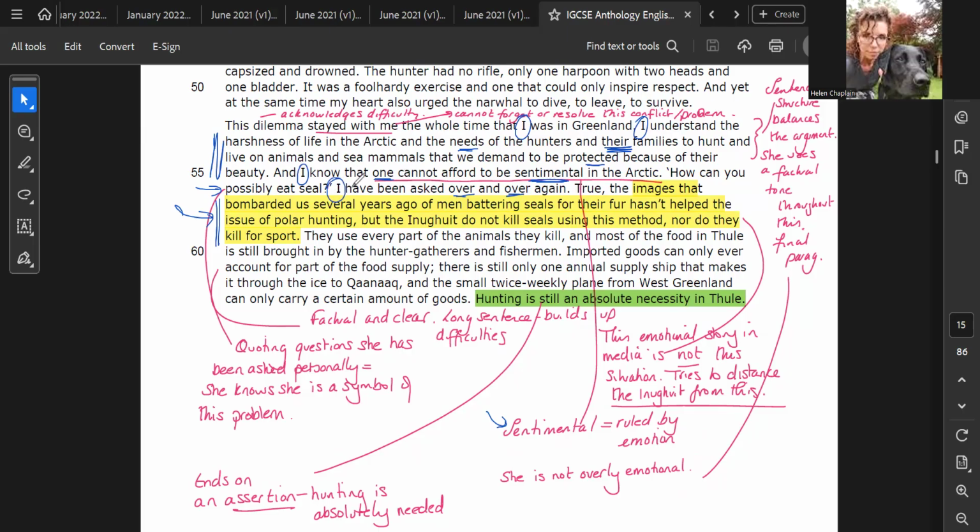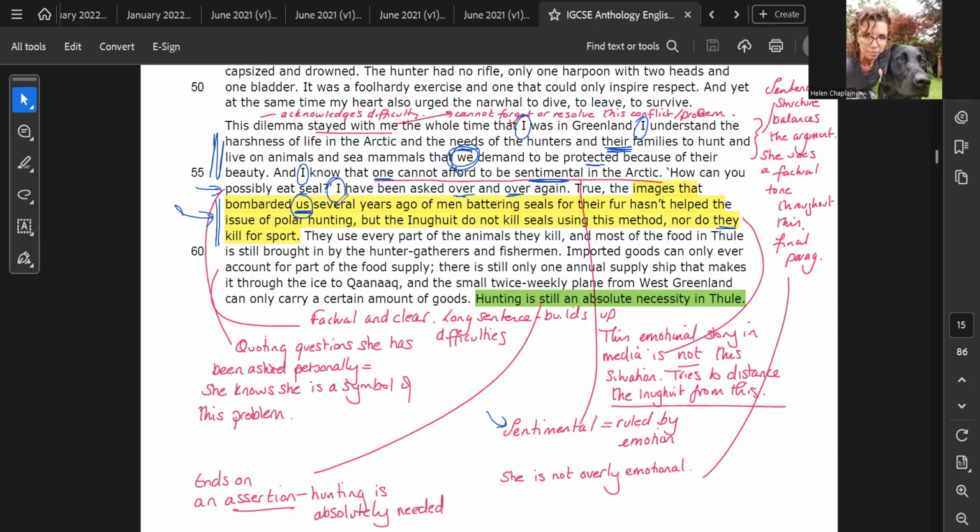She feels that she's on the edge of these questions. And yet, when it comes down to it, she's aligning herself maybe more with the Western world. The media bombarded us. The Inuit do not, nor do they kill for sport. Okay. We demand the animals are protected.